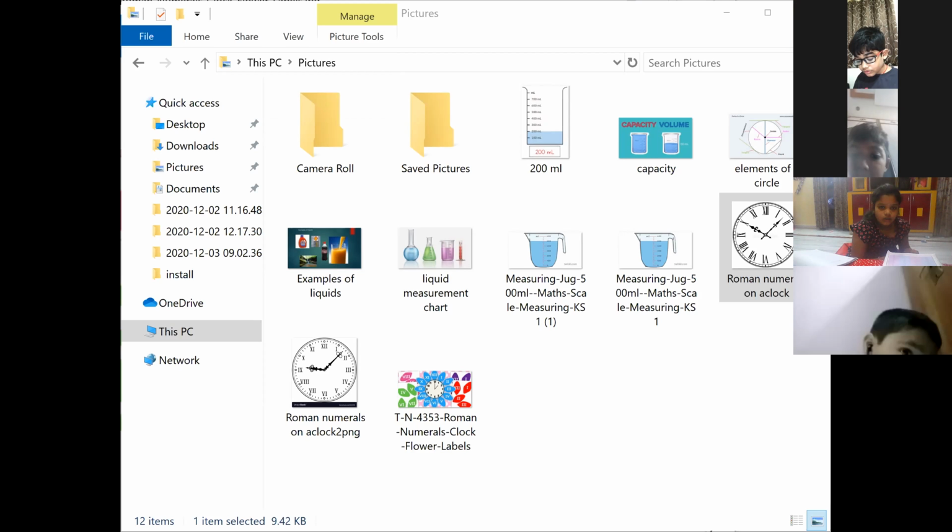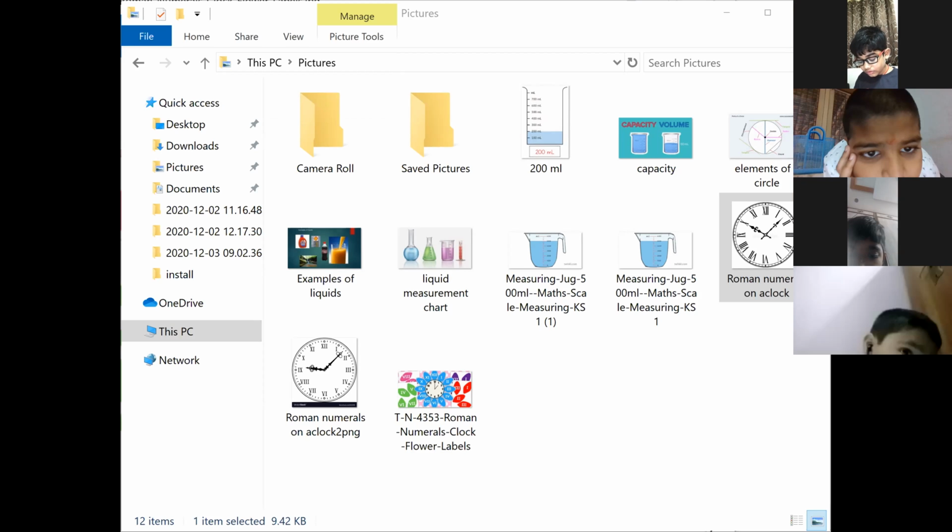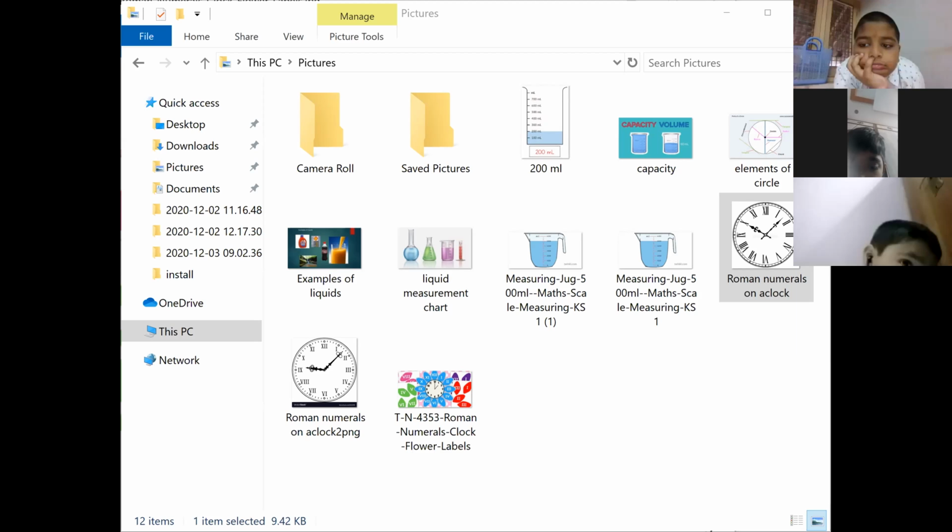See, the hour hand, the smaller hand, on what number can you see it? Ma'am, now I can see. Ma'am, it's 10:08. Yes, very good. Hour hand is on 10 and minute hand is on 8. 8 minutes past 10, right?